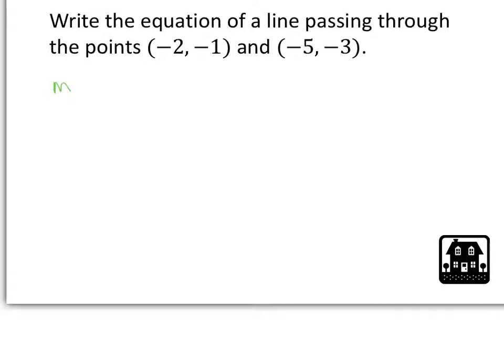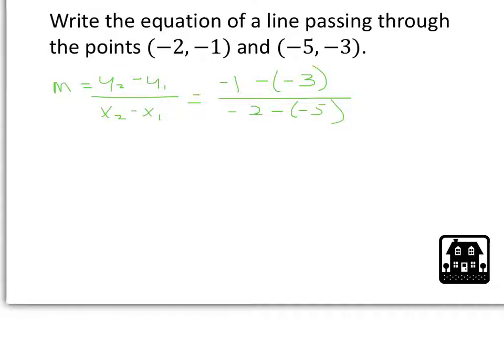So the slope is y2 minus y1 over x2 minus x1. Doesn't matter which is y2 or y1, we just have to be consistent. So we'll start with -1 minus -3 over -2 minus -5.